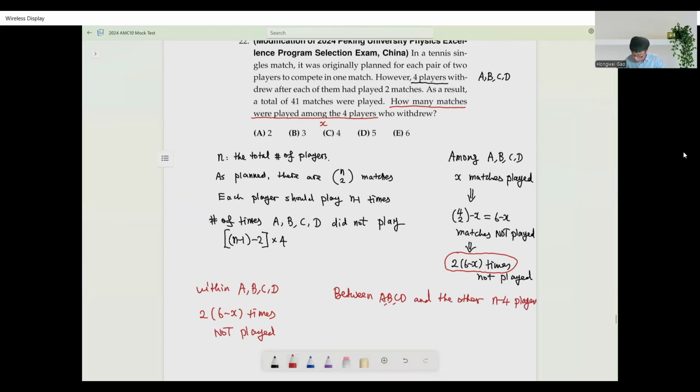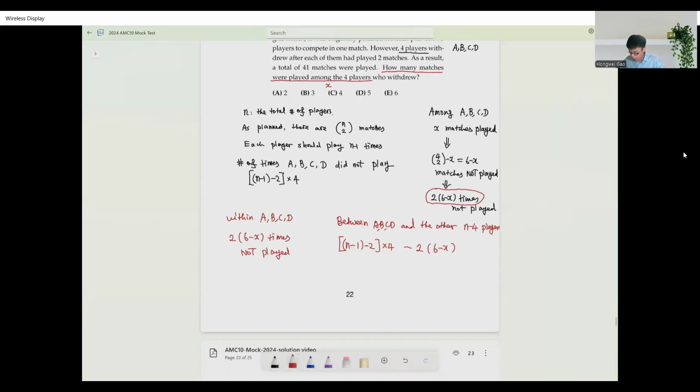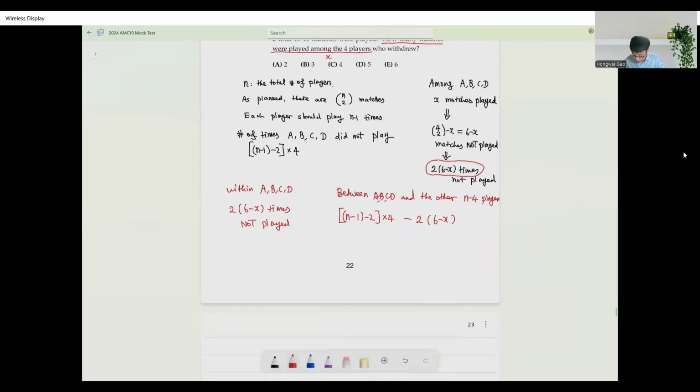That is N minus 1 minus 2, times 4, minus those not played within A, B, C, D. Okay, we can compute how many matches they did not play in total. So within A, B, C, D, we already know 6 minus X matches not played.